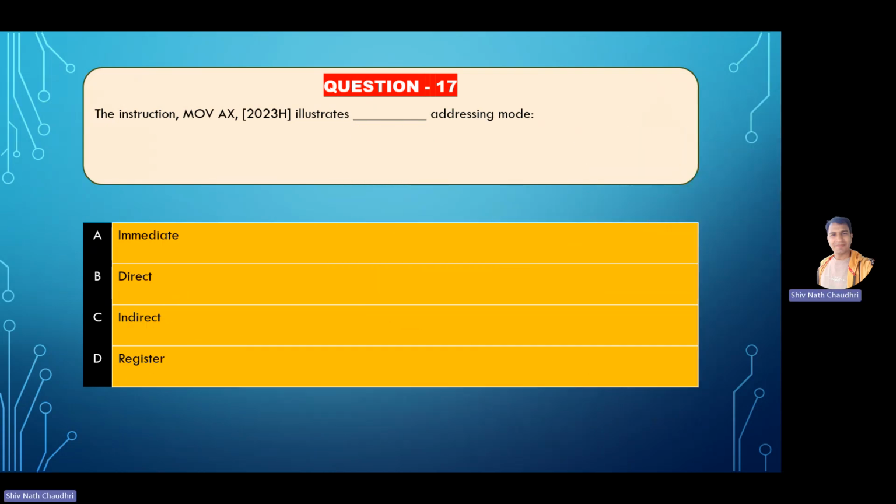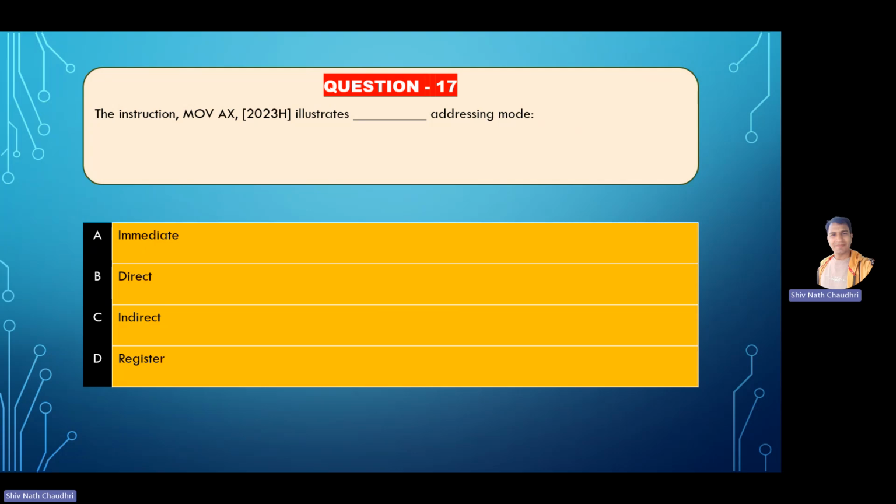The instruction MOV AX with 16-bit data given, and the square bracket is also showing the address. Which addressing mode does the instruction illustrate? The options are immediate addressing mode, direct addressing mode, indirect addressing mode, and register addressing mode.